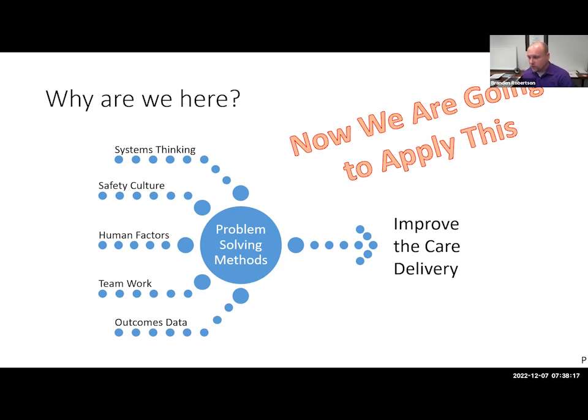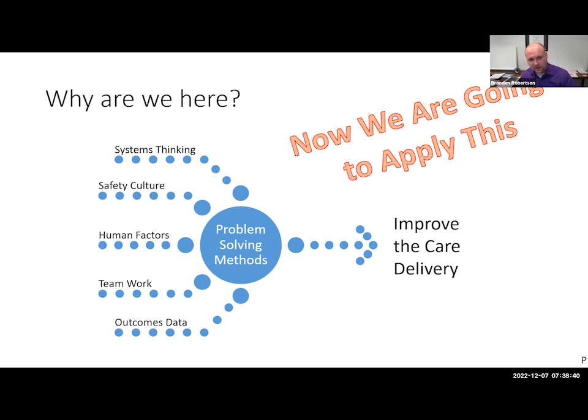So not only are you part of this interdisciplinary team on each patient that you're caring for, but there's also this component where you are necessary in order to carry out these high reliability principles, to make sure that we're delivering the highest quality care that we can.